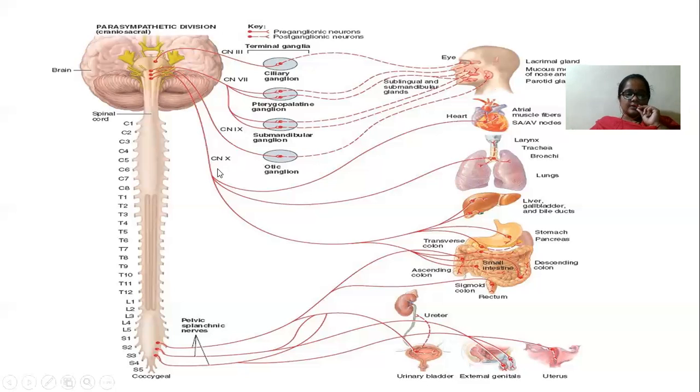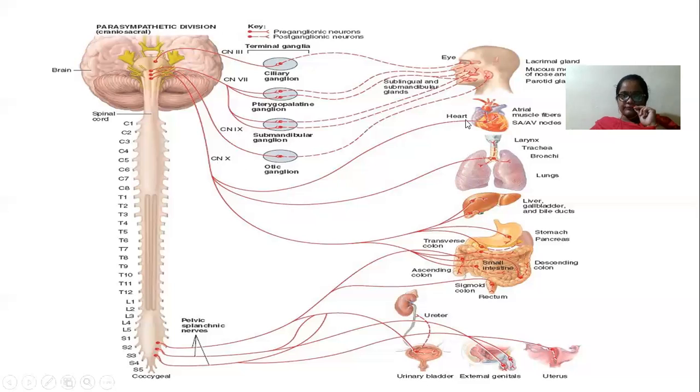Next thing is the vagal nerve, the largest cranial nerve, the vagus nerve. The vagus nerve axons extend to many terminal ganglia, which are very close to the visceral organs. The vagus nerve is widely distributed to the heart region.